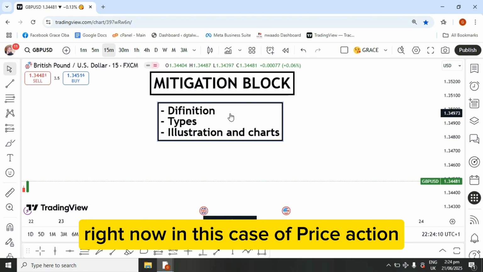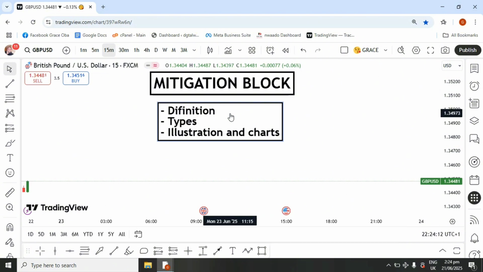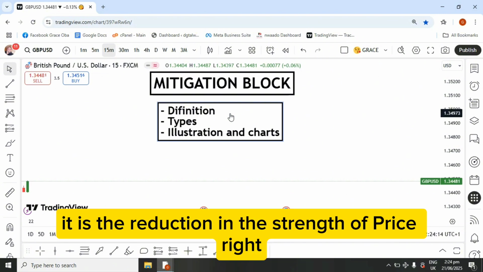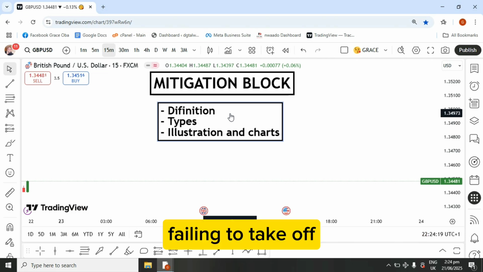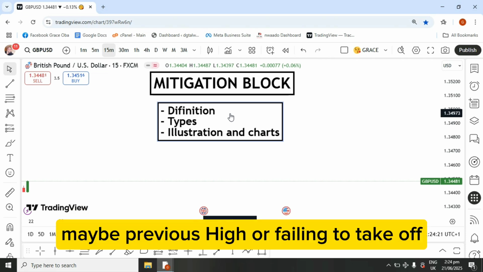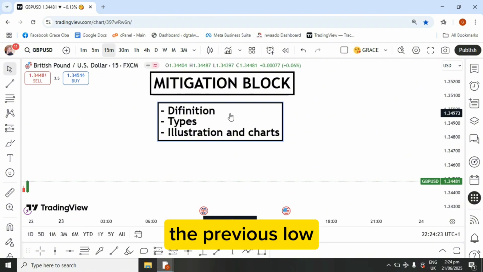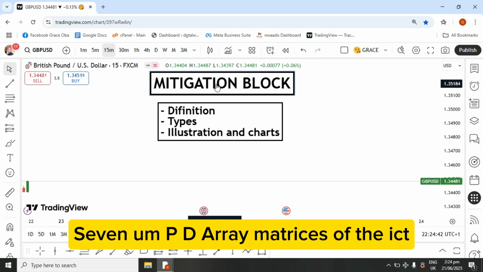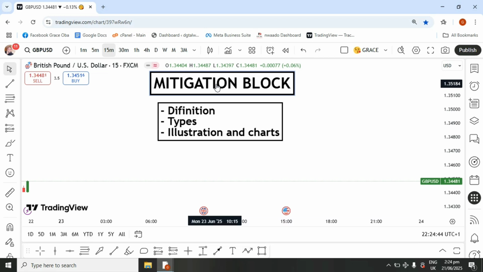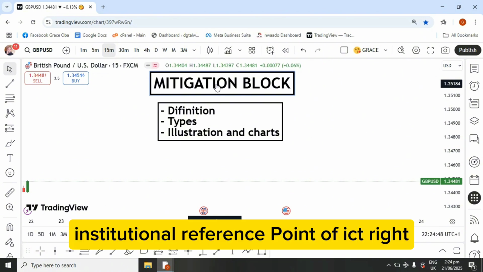In this case of price action, it is the reduction in the strength of price, that is to say, failing to take off maybe the previous high or failing to take off the previous low. Do you understand? And the mitigation block is one of the 7 PDRA matrix of the ICT, that is to say, one of the institutional reference points of ICT.